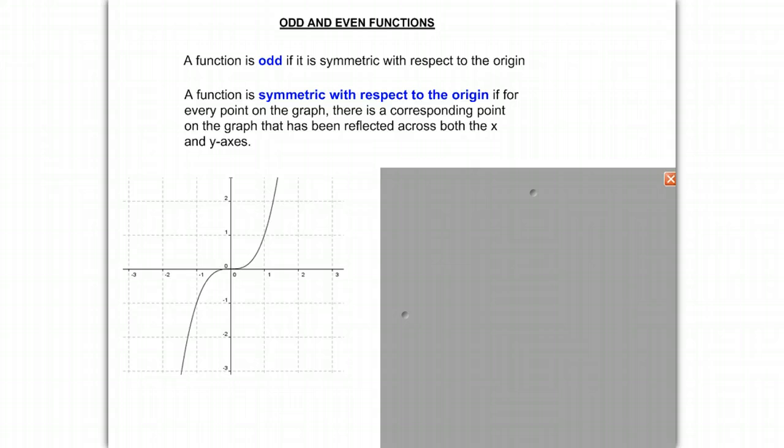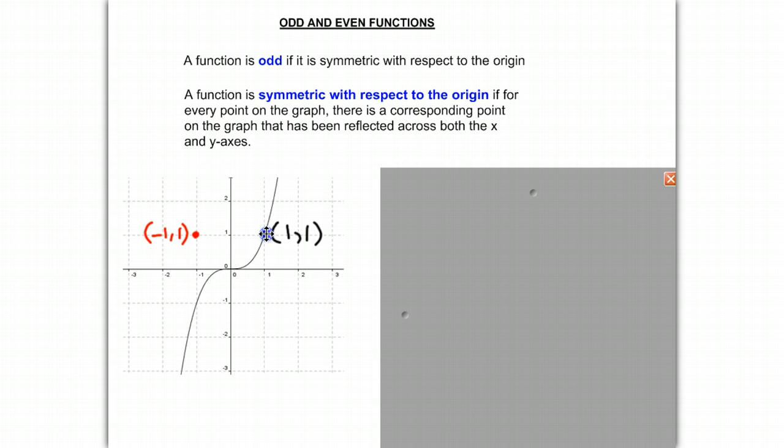So for example, let's pick this point on this cubic function right here, which is at 1, 1. If you were to reflect this point first across the y-axis, you would get it to be over here at -1, 1.